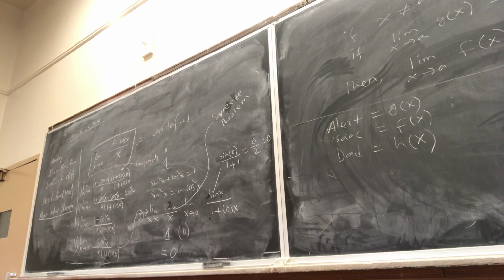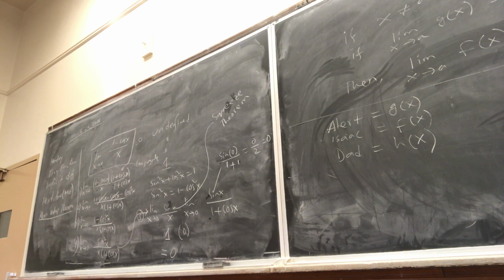Almost nothing, but not nothing. Very close. So if this one is 2, then this one should be 2.000, as many 0s as you like, and then you can put 1. Does that make sense? Okay, let's go back over there.